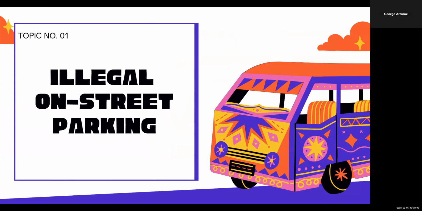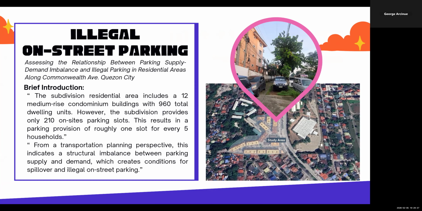This means the ratio between parking slots and dwelling units is only 210 to 960, or roughly one parking slot for every 5 households. From a transportation planning perspective, this indicates a structural imbalance between parking supply and parking demand, which creates conditions such as illegal on-street parking.